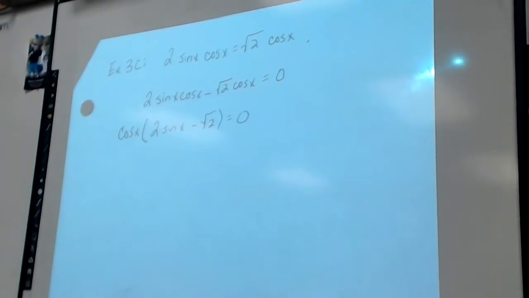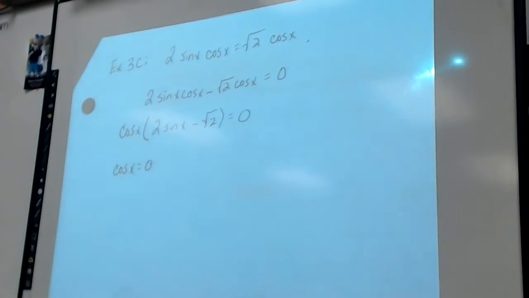Now we can take both of these factors and solve each factor. So we have cosine x set equal to 0.